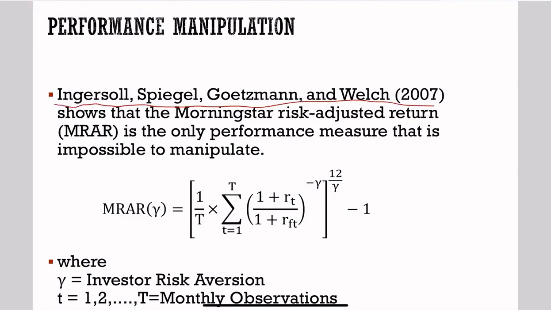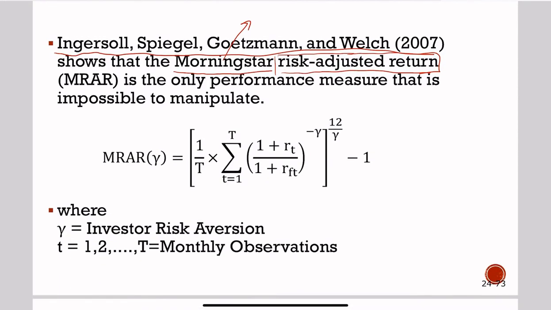They basically show that the Morningstar risk-adjusted return, a performance measure developed by Morningstar, a firm which rates different mutual funds and is actually a pretty famous mutual fund rating firm, is the only performance measure which is impossible to manipulate.